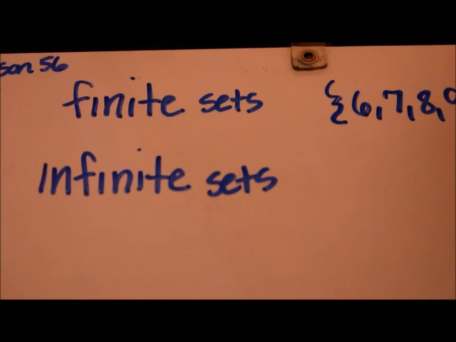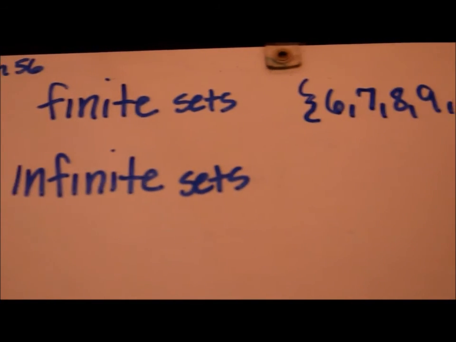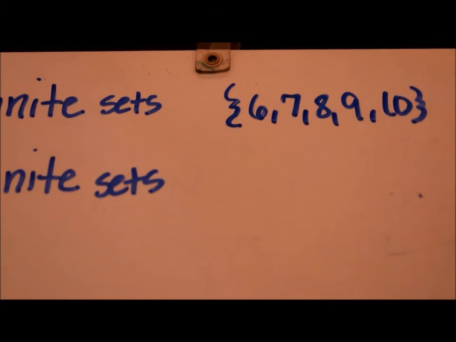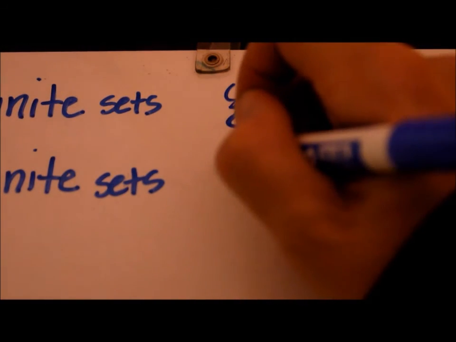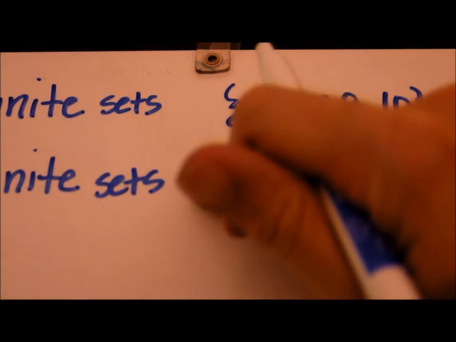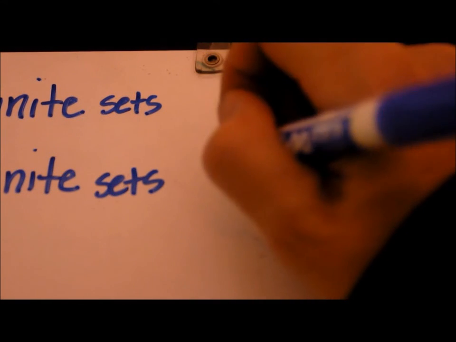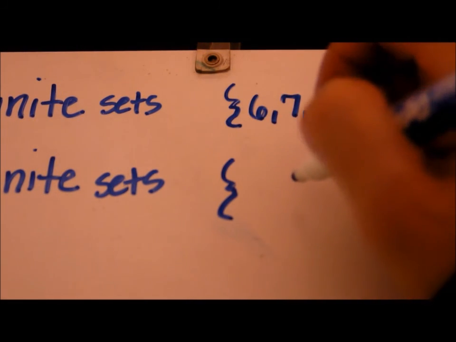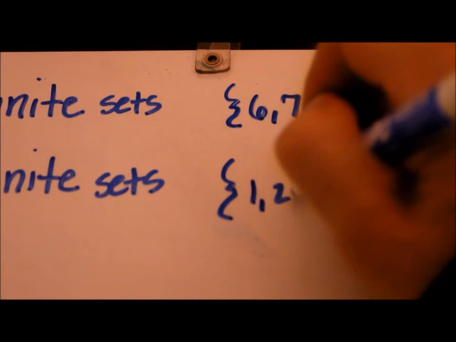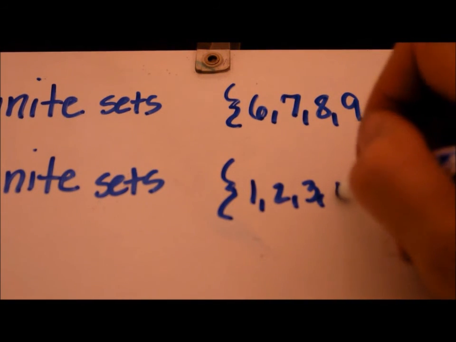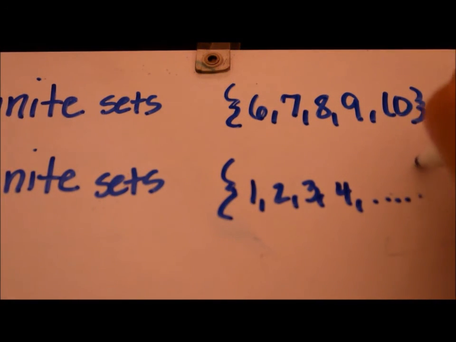and 10. We are calling this a finite set because it has a starting point and an end. It has 5 members to that set. Now, if I write this instead, 1, 2, 3, 4, and dot, dot, dot, that symbolizes the idea that this goes on and on forever.